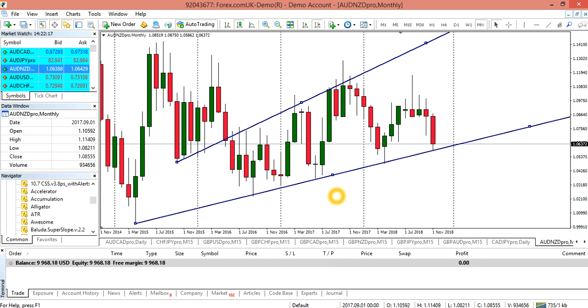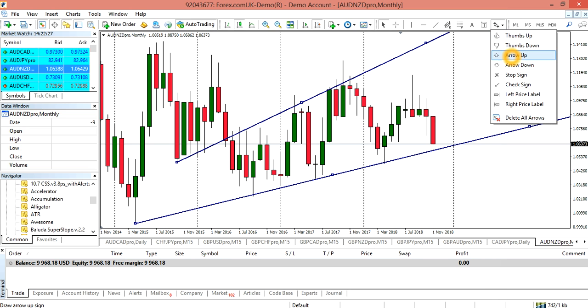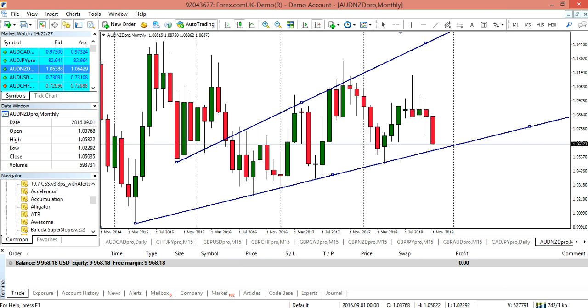Now, the most important thing right now, even if the top is not exactly right, it is very clear that whenever the market touches the bottom or comes near to the bottom of this line, it goes up. And that has been around from 2016.